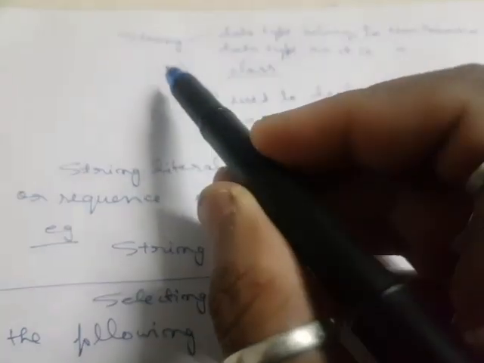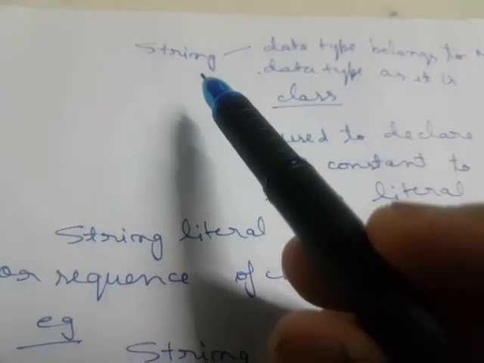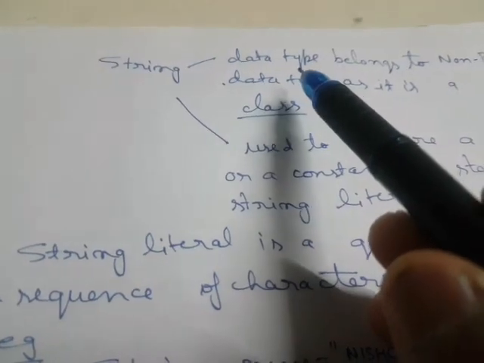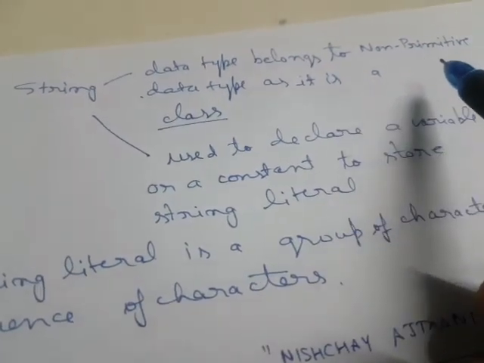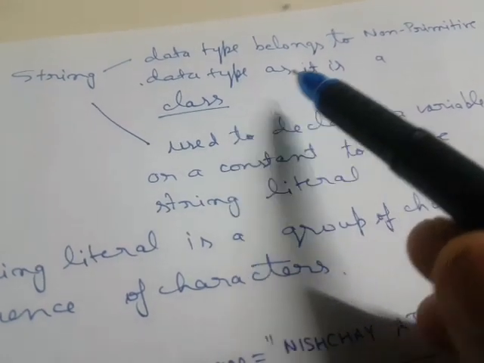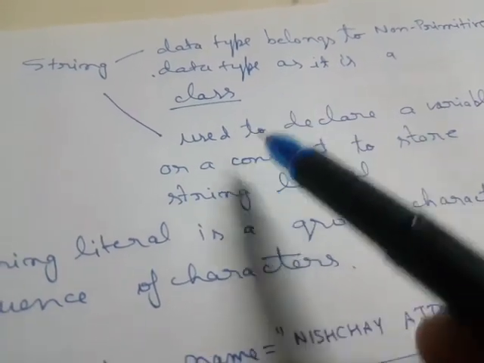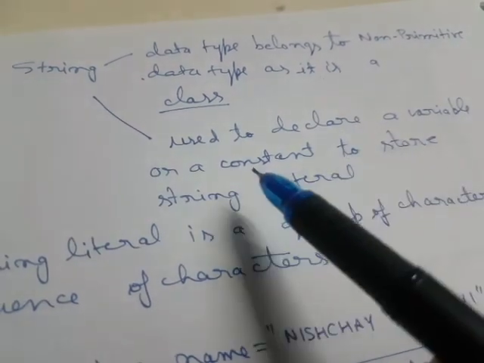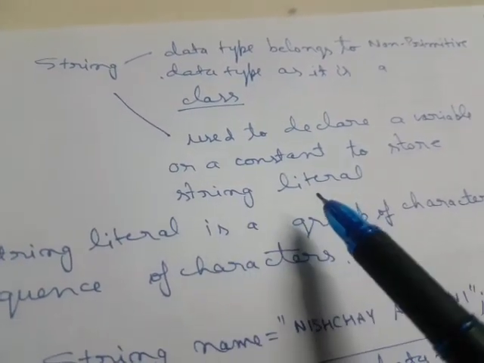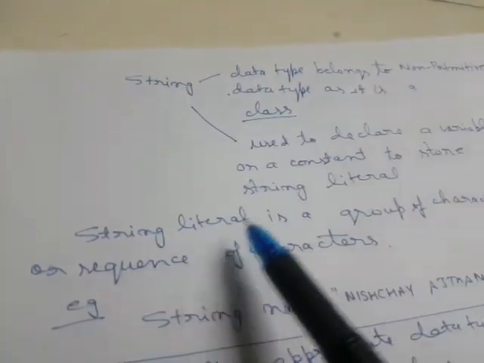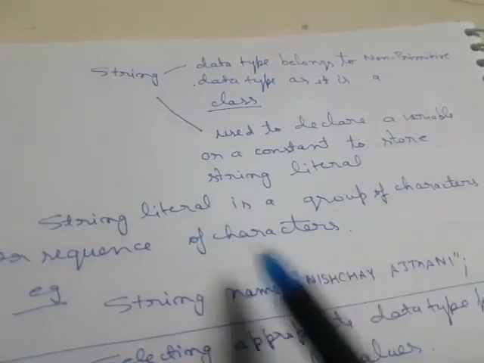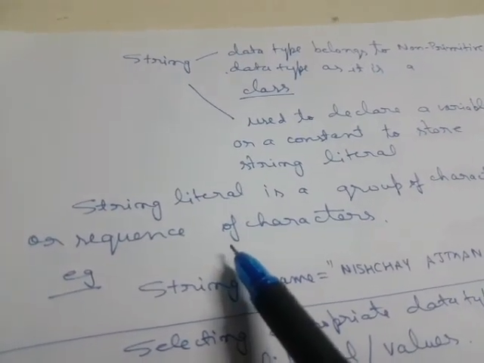Now students, I want to discuss a very important data type, that is the string data type. This data type belongs to the non-primitive data type category as it is a class. It is used to declare a variable or a constant to store a string literal. Now what is a string literal? A string literal is a group of characters or a sequence of characters.